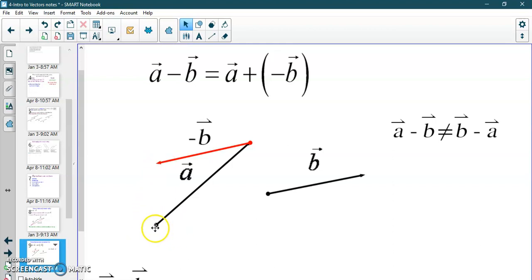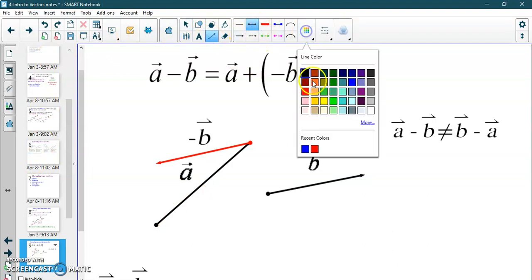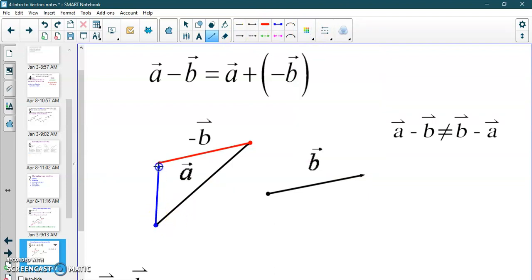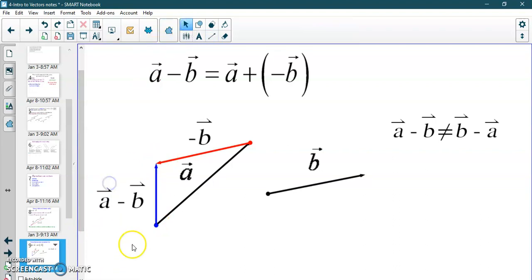And again, this is the start of the two vectors we've combined. So this is also the start or tail of our resultant vector. So we'll put that in, let's go blue. So our resultant vector goes from here to here. Remember, that's going to be very different than if we started here and went in this direction. So our blue vector there is going to represent vector A minus vector B.